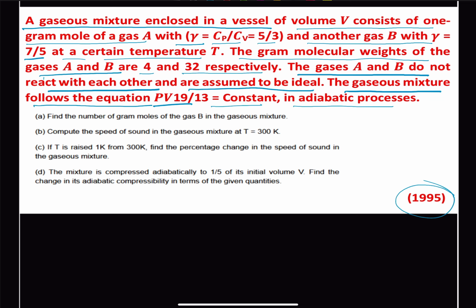Okay. So part A asks for the number of gram moles of gas B in the gaseous mixture. Basically, the number of moles of gas B, and let us suppose those are denoted by N_B.